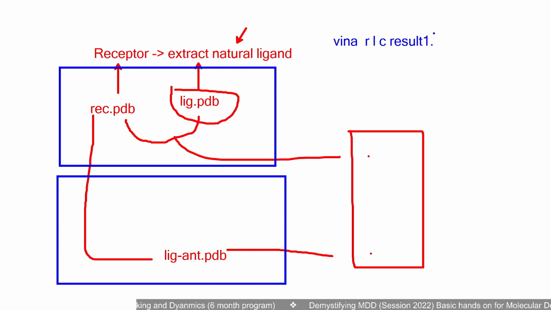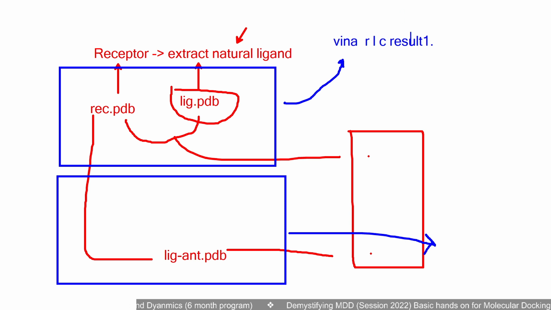That is for the first time, and then the second will be separate and done similarly. Here you will do vina with the same receptor, ligand 2, the same config, and result 2. Like that you will get two results, and you will compare both results side by side.